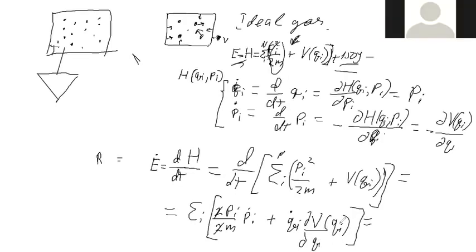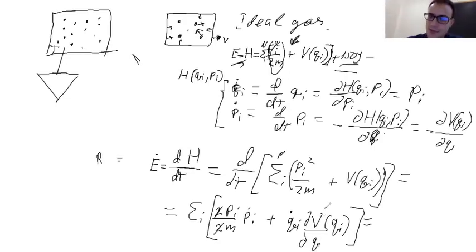Is it V dot? No, V prime, not dot. Well, V prime, I'm sorry, I was going to use this notation. I don't use prime. You tell me just a different notation of derivative. The force. The force, okay.